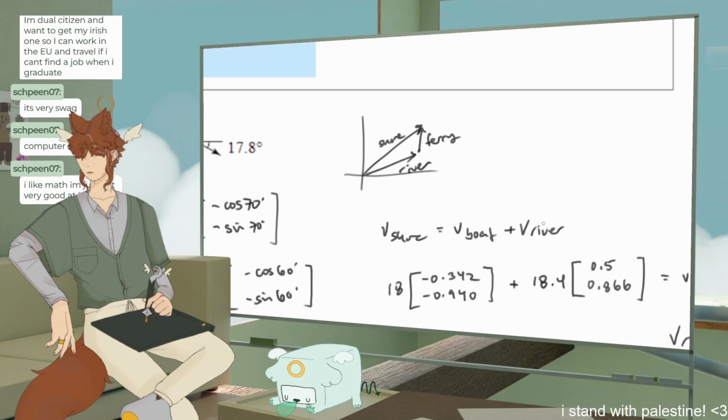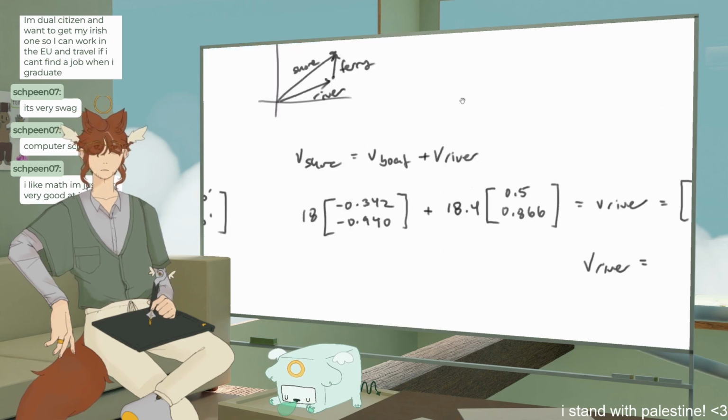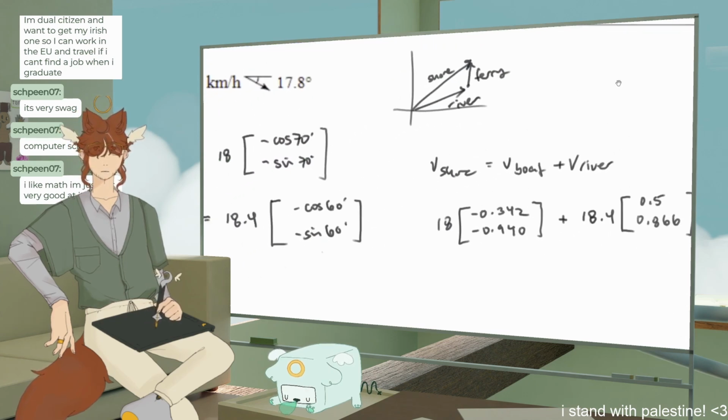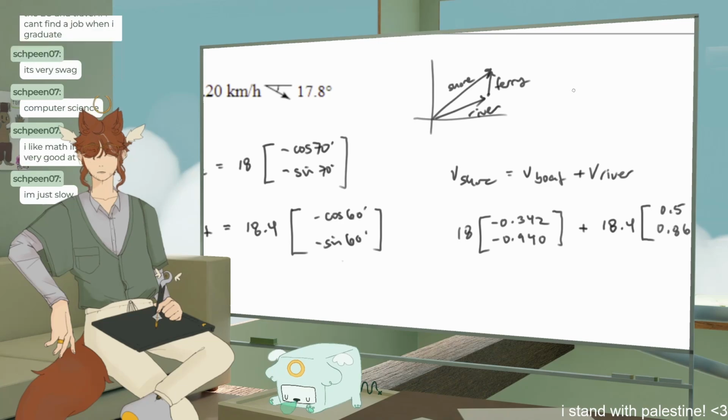A lot of people kind of sell themselves short. I'm just slow, that's okay. If you're slow, but you get the right answer, and you understand the process, that's more important than being a speedster, in my opinion.